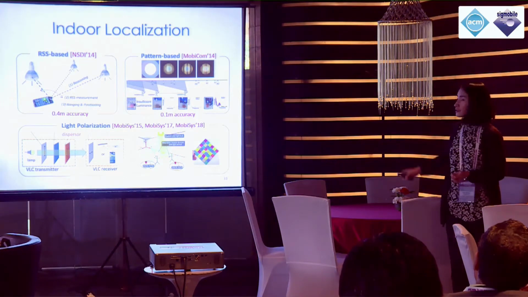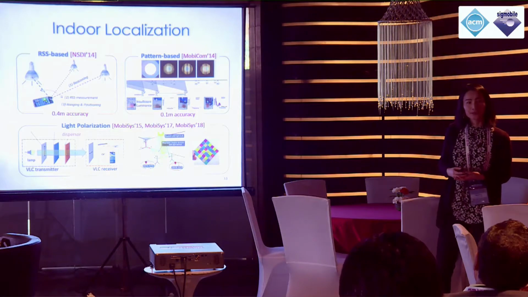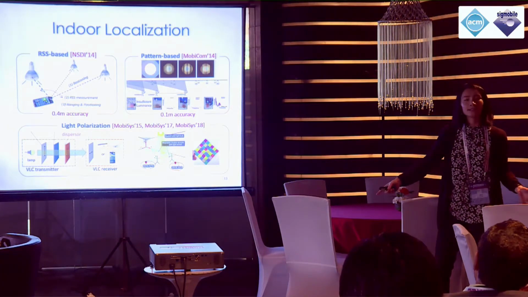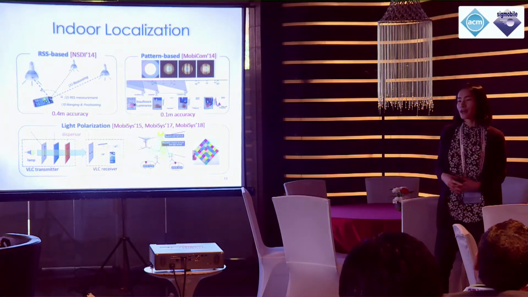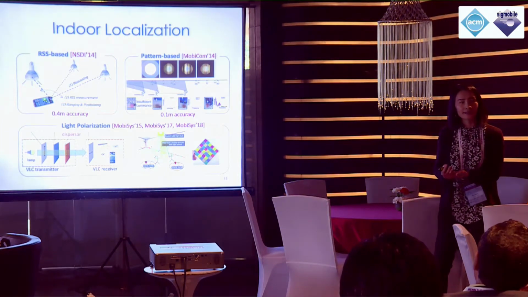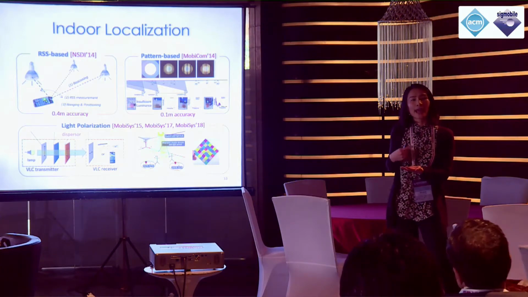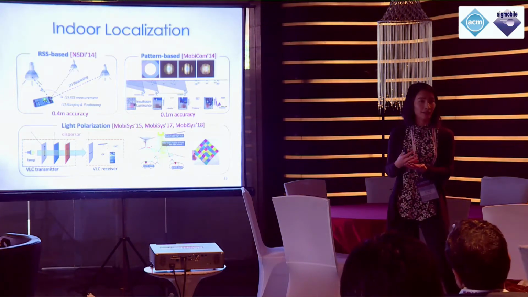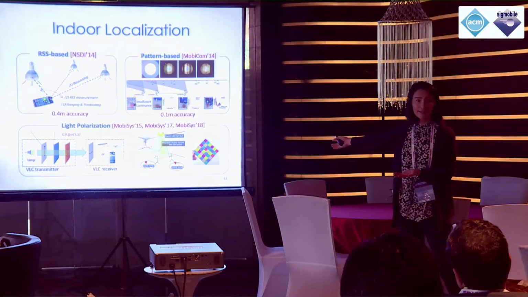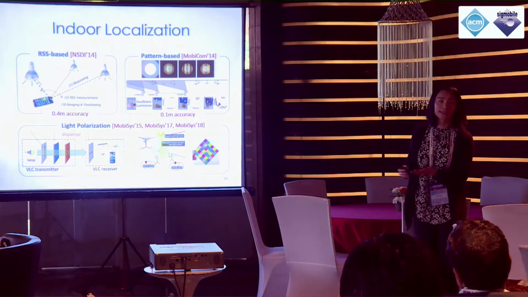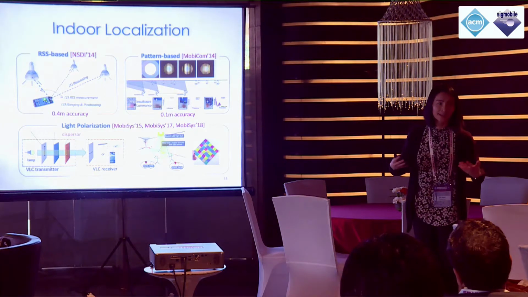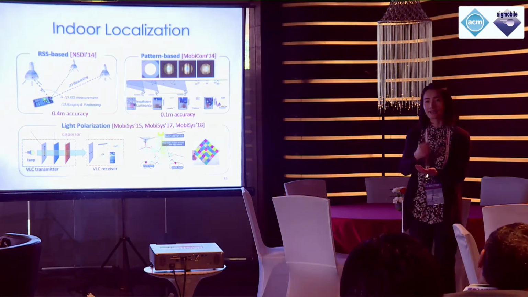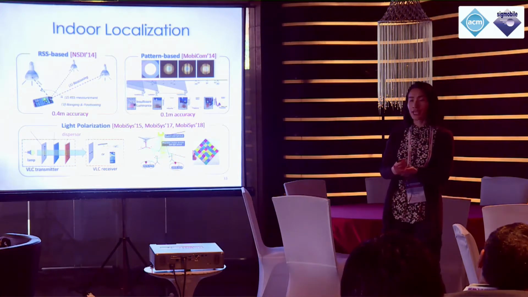Then there are two more recent MobiCom papers looking at how you can project a pattern of light polarization into the space so that the devices can detect the pattern at a given location and identify the device location. The MobiCom 2017 paper uses an active unit to change the polarization dynamically so that the device can detect the changes in the polarization and determine the location.